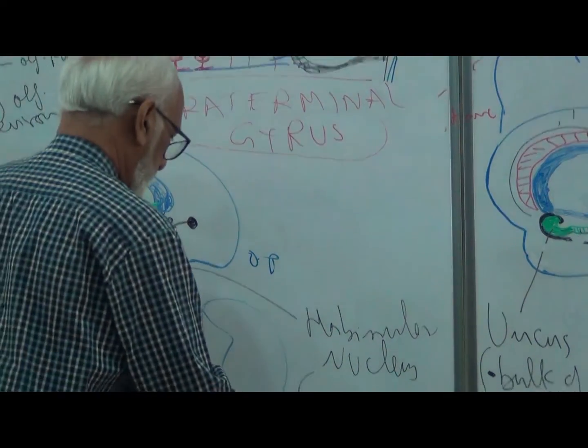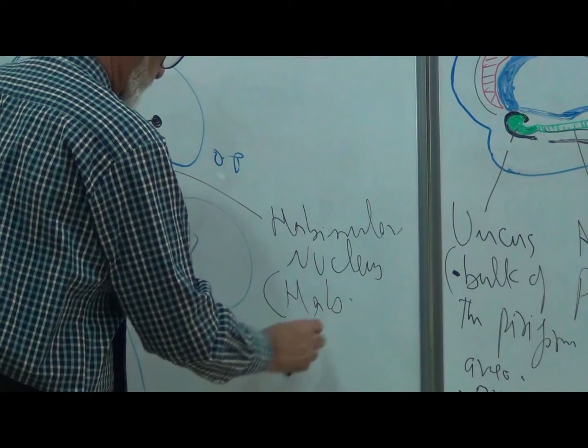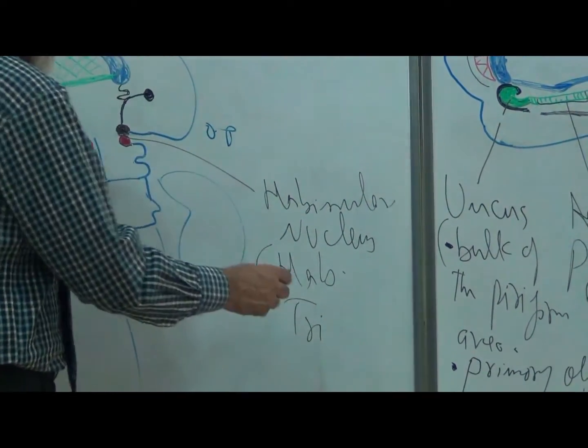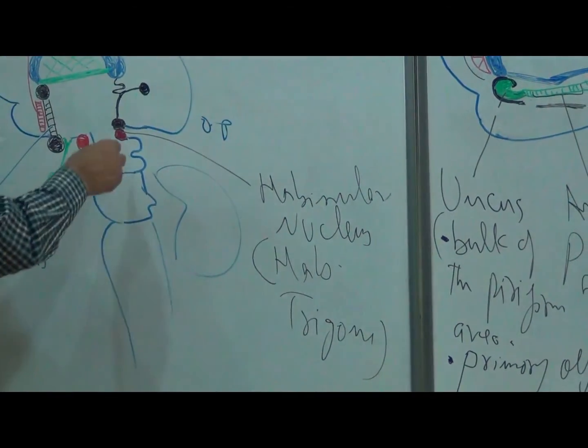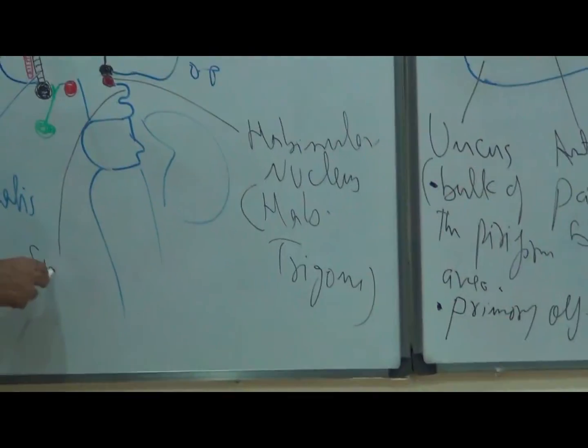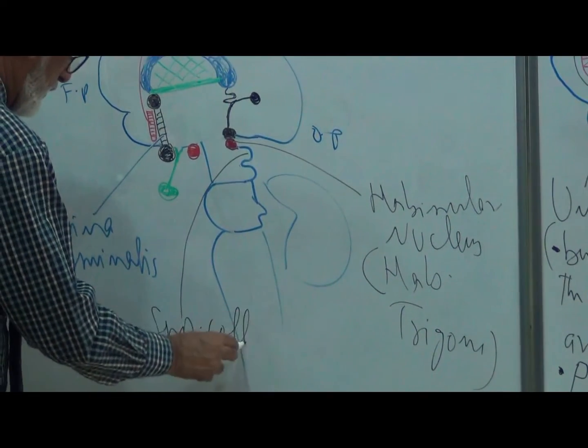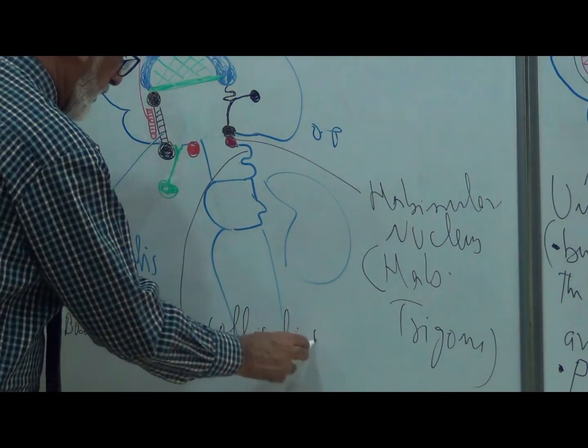Now it is located in the habenular trigone, a small triangular depression just above the level of superior colliculi of midbrain.